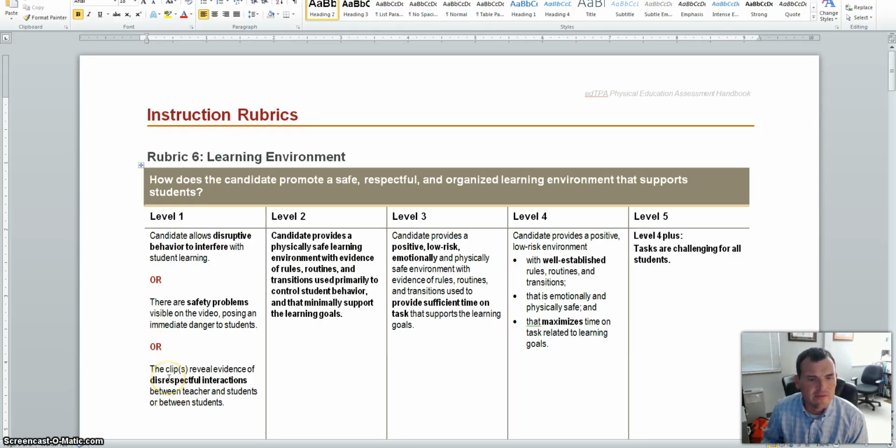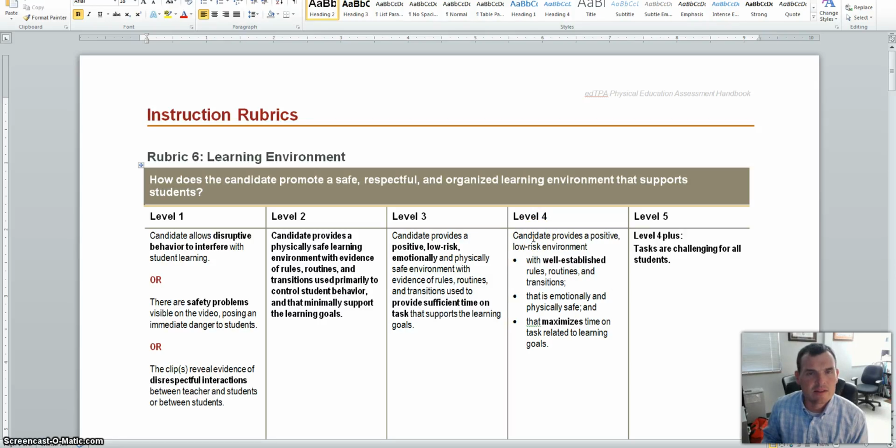The clip reveals evidence of disrespectful interactions between teacher and student or between students. Again, a level 1 should not happen. If you are taking the necessary approach to teaching your classroom in an appropriate way, I don't expect anybody to come close to a level 1 for rubric 6. Now, look at level 4 to better understand level 5.